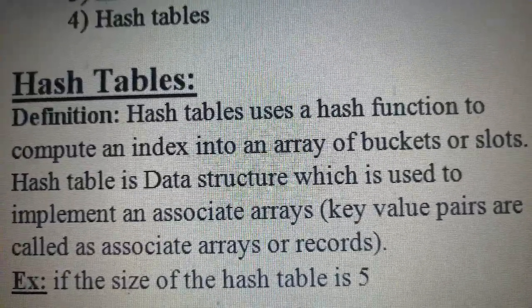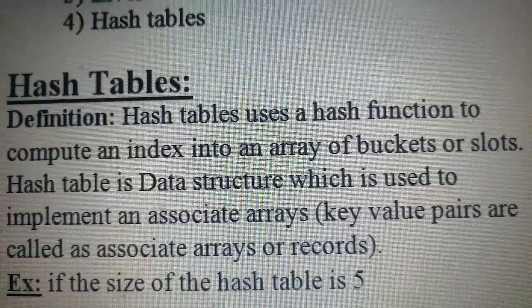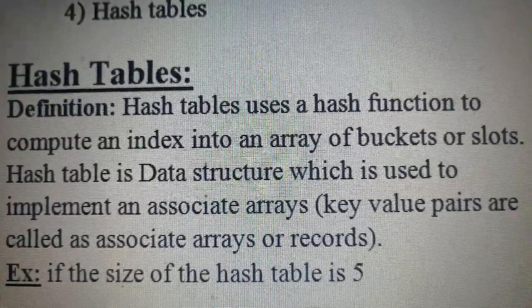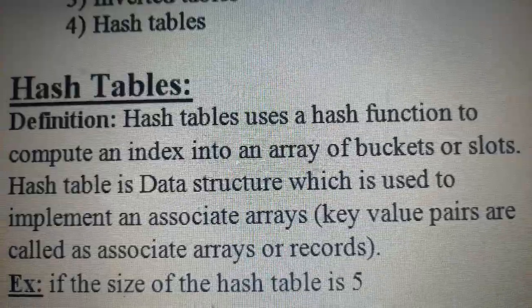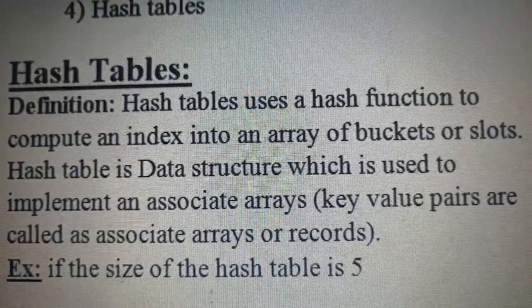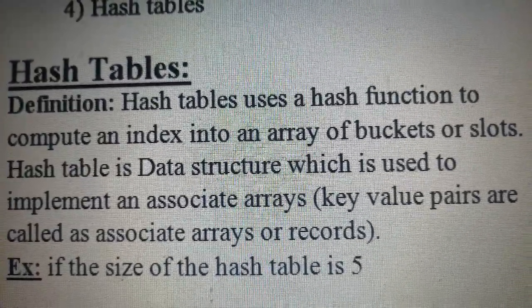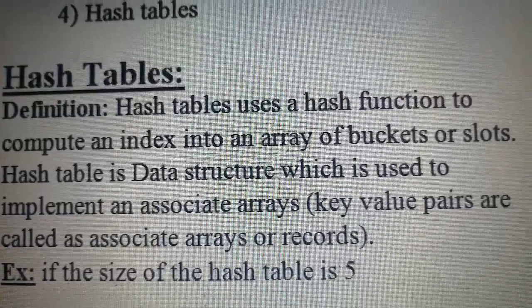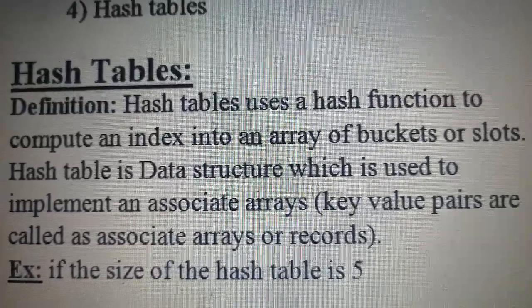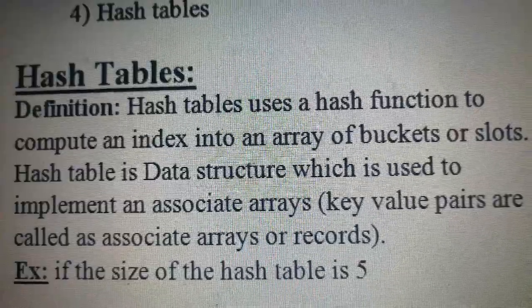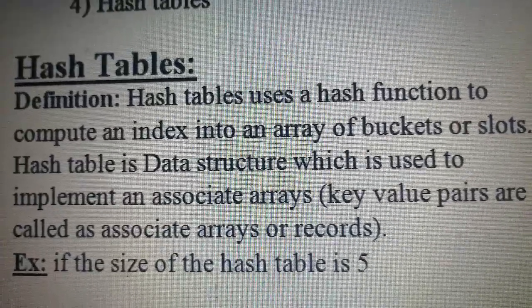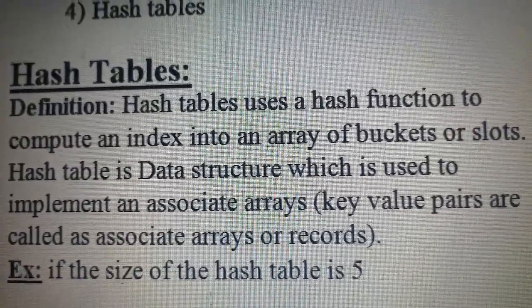So when we have large volumes of data, instead of representing indexes as numerics, we take keys for representing a particular value. In order to store values in the form of keys and values, we use the concept of hash tables.